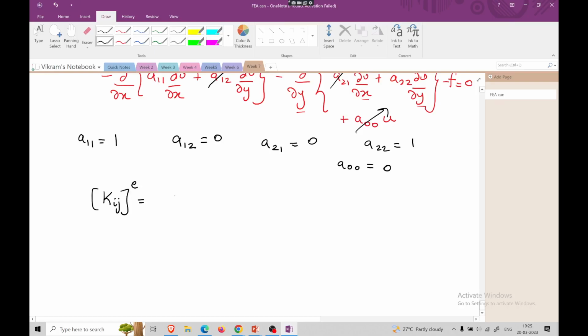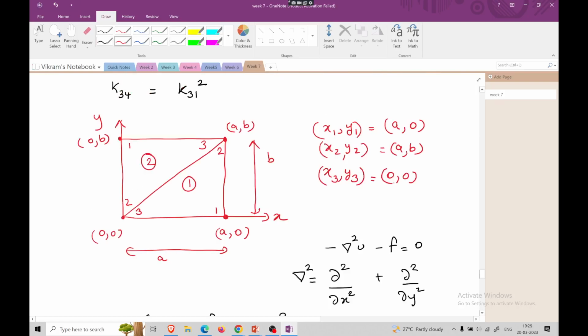For the first element, what is x1 y1? This is the first element, right? x2 y2 is a comma b, x3 comma y3 is 0 comma 0, x1, yes.